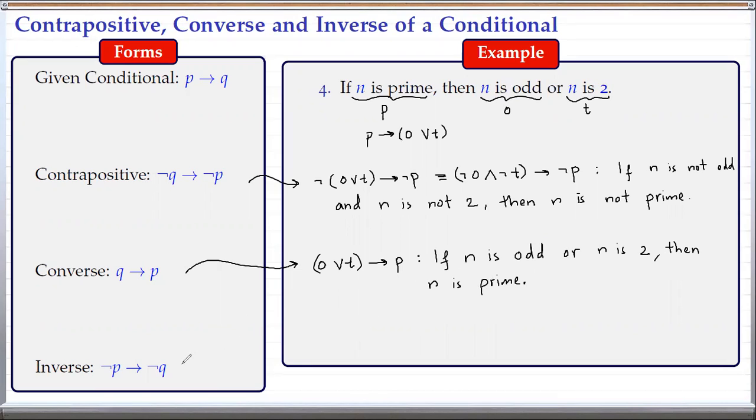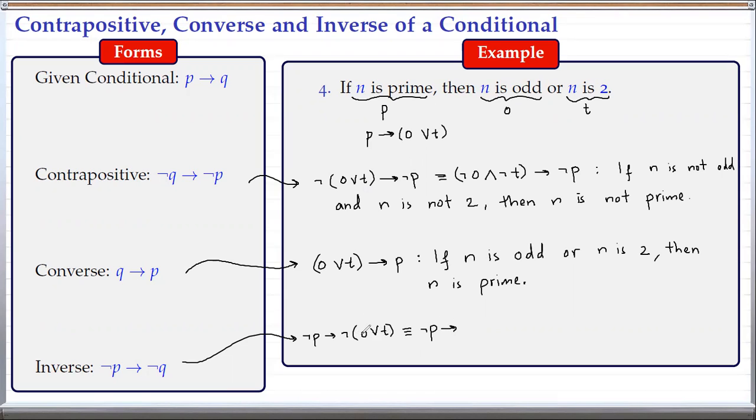Finally, let's look at inverse. The inverse is not P implies not Q. So we just negate both hypothesis and conclusion and keep the direction. So we have not P implies not (O or T). Now again here we can apply De Morgan's law and simplify this a little bit.